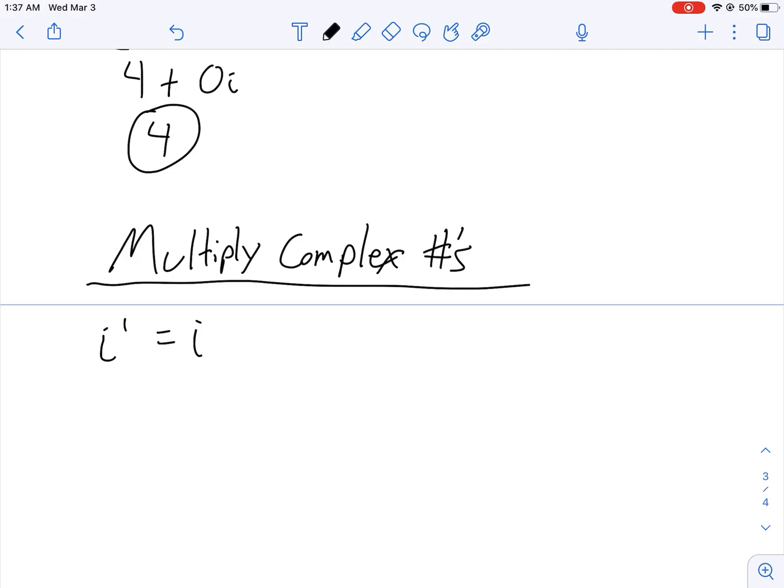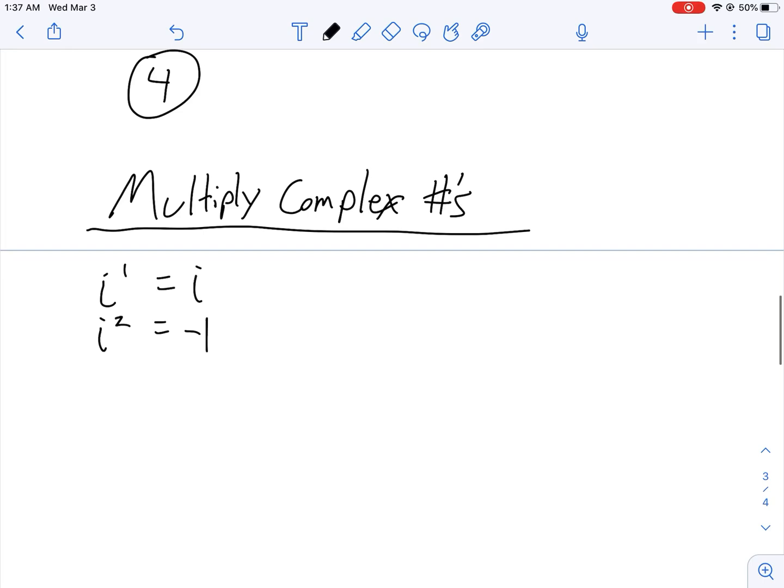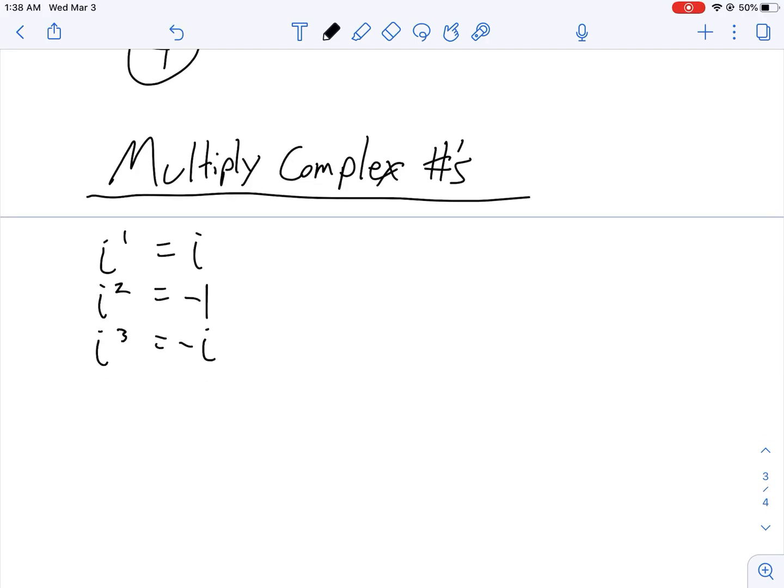It is what it is. i squared is negative 1. i cubed is negative i. i to the fourth is 1.